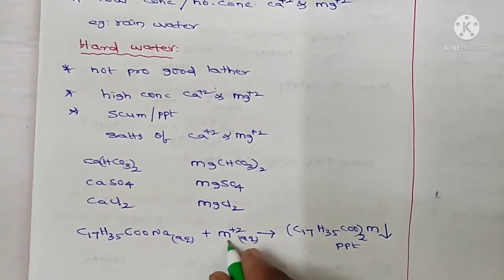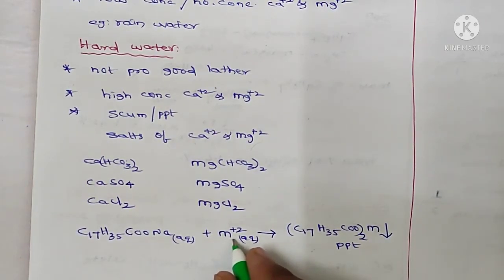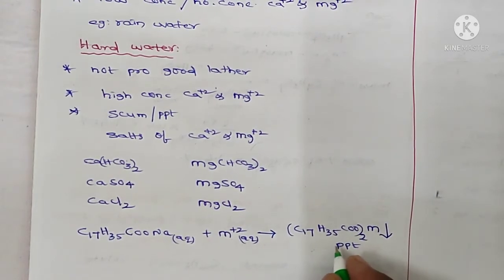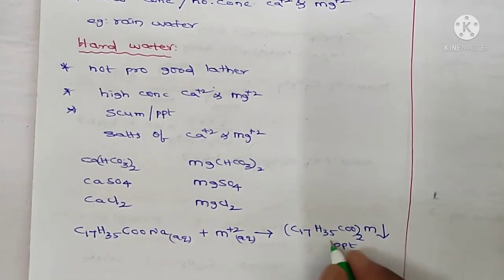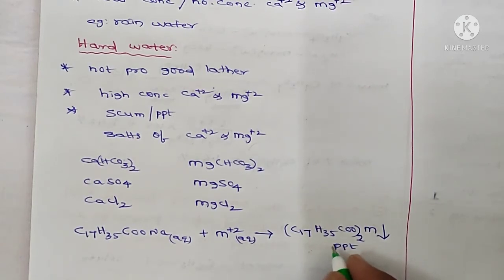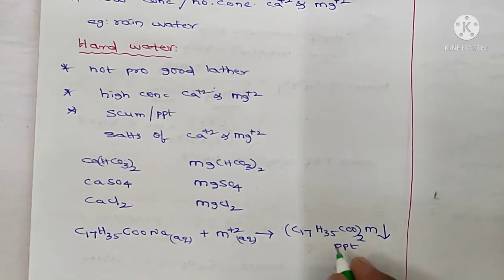If the hard water contains magnesium 2+ ions, it gives a precipitate of magnesium stearate. If it contains calcium 2+, it gives a precipitate of calcium stearate. Due to this precipitate, the hard water will not give good lather with the soap.